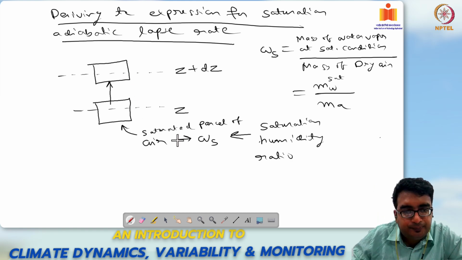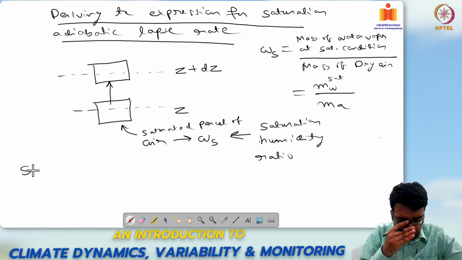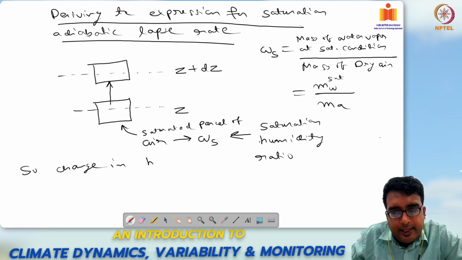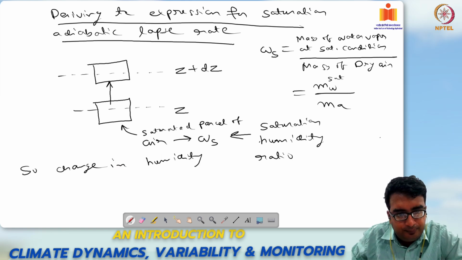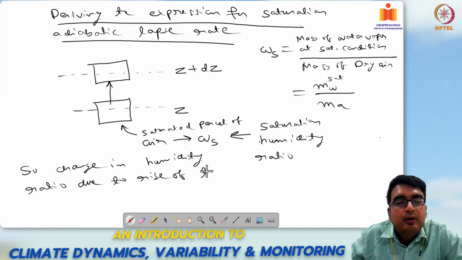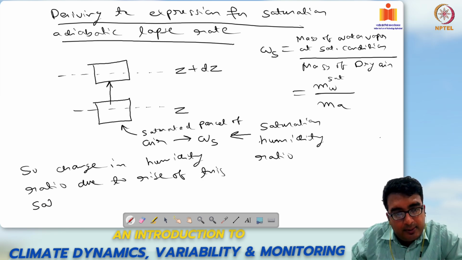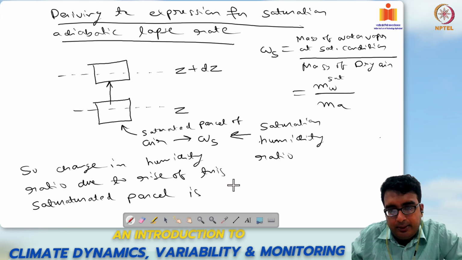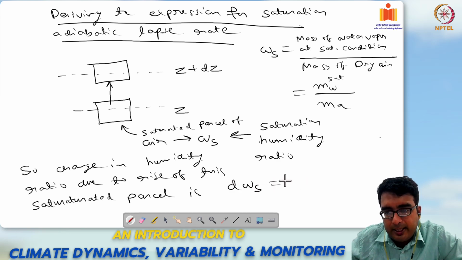So the change in humidity ratio due to rise of this saturated parcel is d omega s equals omega s at z plus dz minus omega s at z.